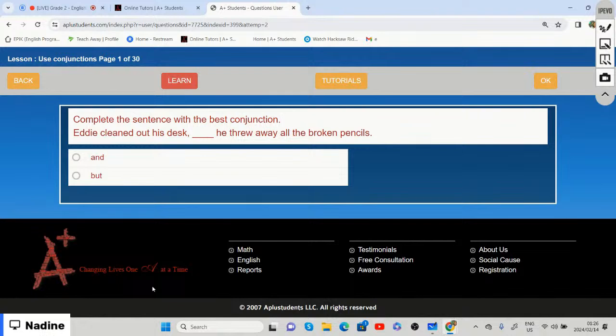And remember we said conjunctions are and, but, or, and so. So that is how conjunctions either join words or put sentences together.